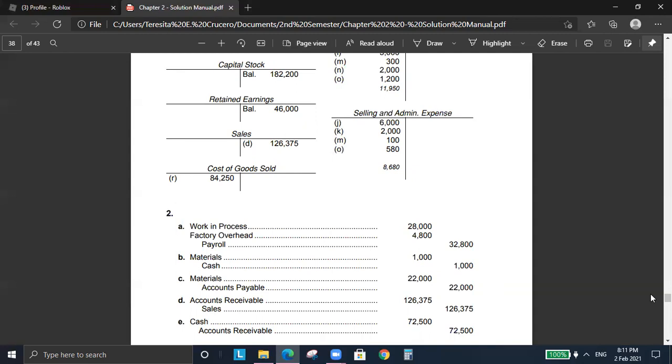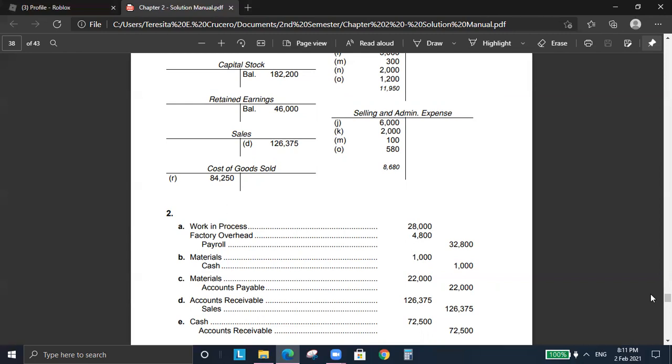Then letter B, indirect materials purchased for cash. We now debit materials and credit cash. Letter C, materials purchased on account: chain, 4,000 pounds, 8,800; pulleys, 2,000 sets, 10,200; and steel plates, 5,000 units, 3,000.